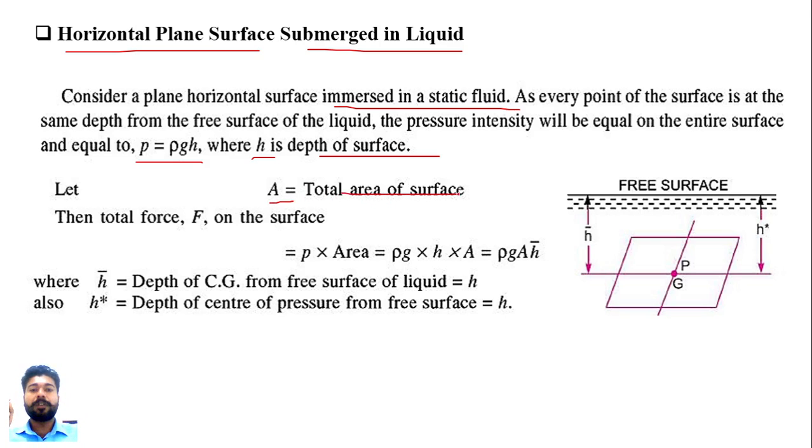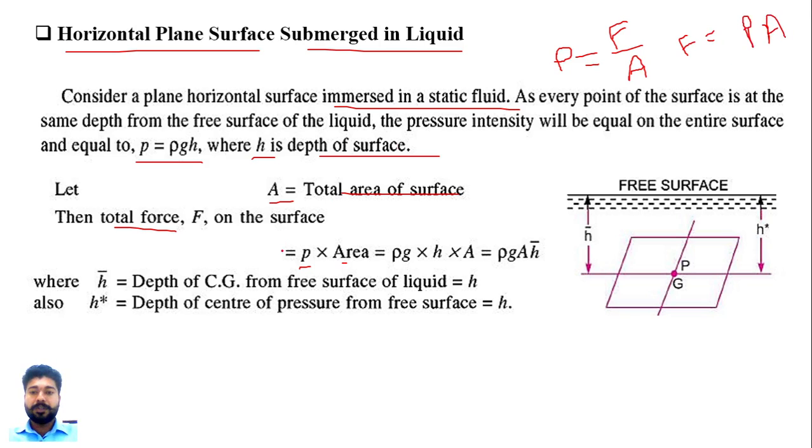A is the total area of the surface, and then your total force equals pressure into area. As we all know, the formula for pressure is P equals force upon area. So from this you can write that force equals pressure into area.